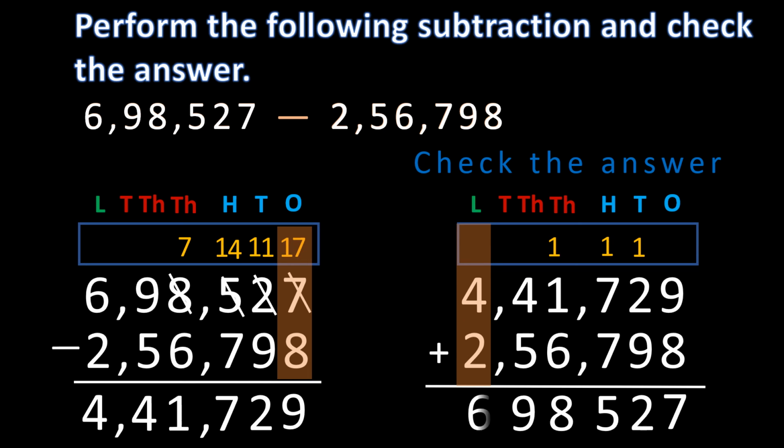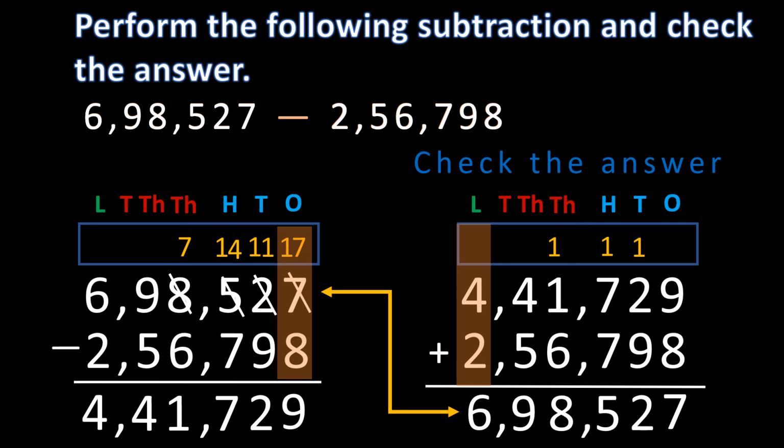So write down 6 in lakhs place. Now insert commas between periods. We get 6,98,527. Look at the answer. It is the same as the bigger number of the two numbers given. Therefore, the answer of the subtraction is correct.